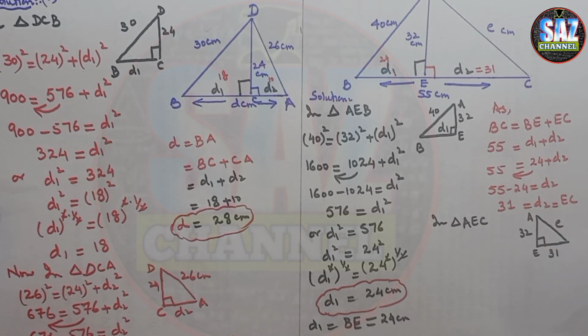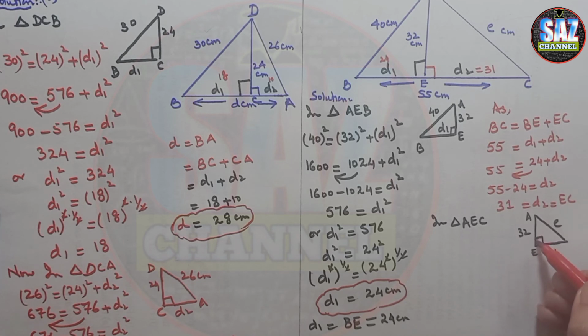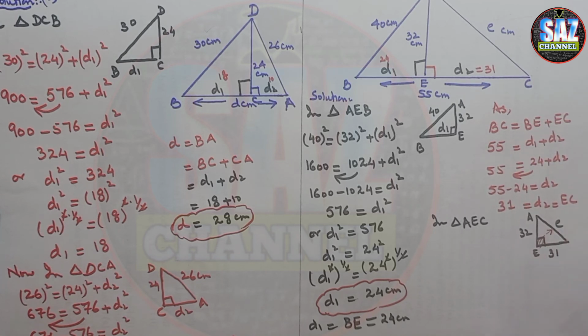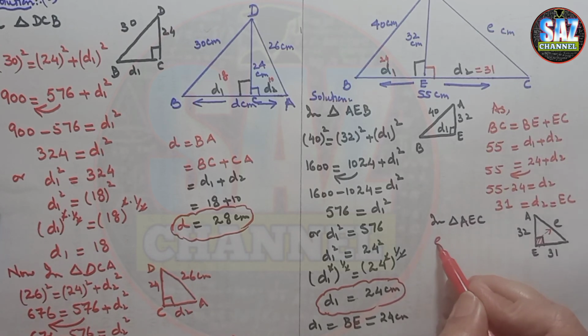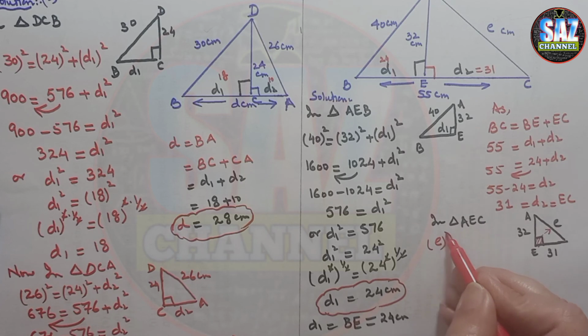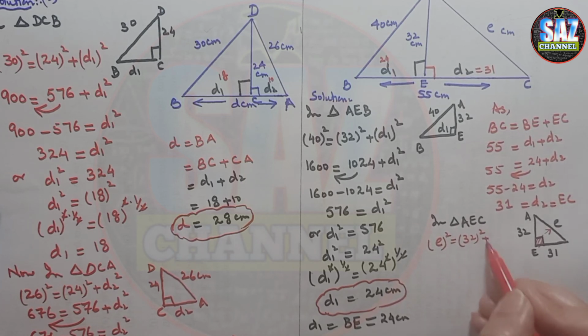If this is the 90-degree angle at this position, it means E will be the hypotenuse. So according to Pythagoras theorem, my equation will take the form E square equals 32 square plus 31 square.